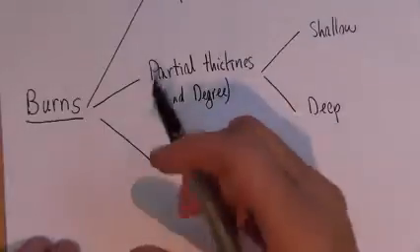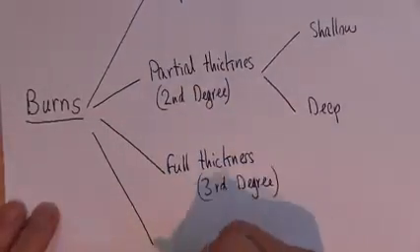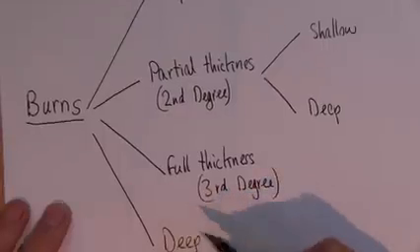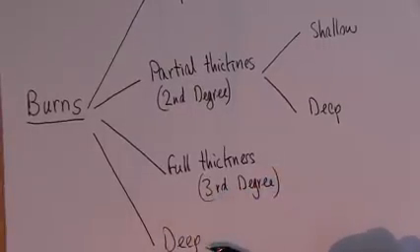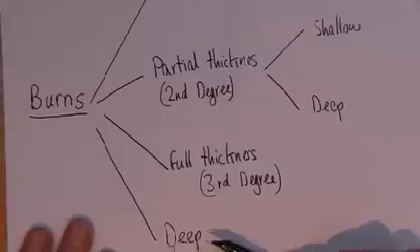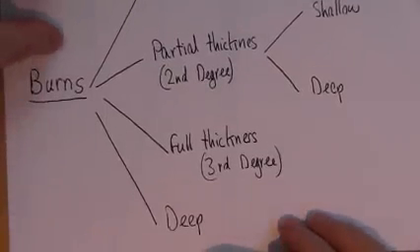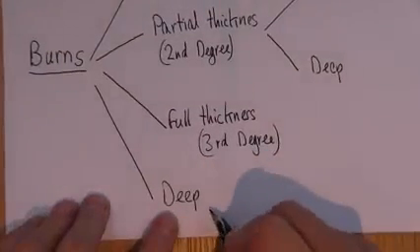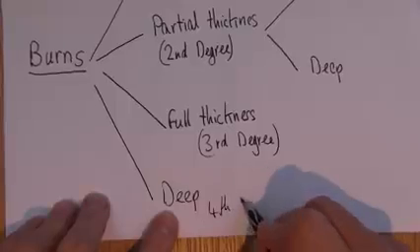And sometimes we talk about a fourth classification. These are deep, and these are ones that burn away more than the skin, so they go down to the muscle fascia and into the muscles, or even down into the bones. They are deeper burns, and these are of course sometimes called fourth degree.